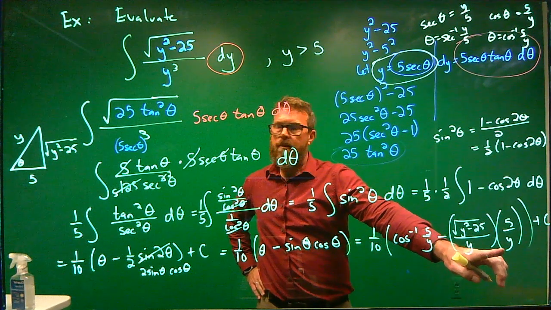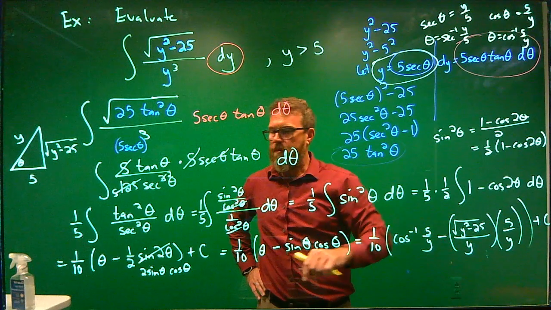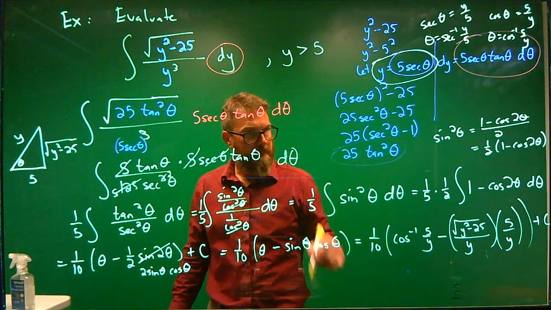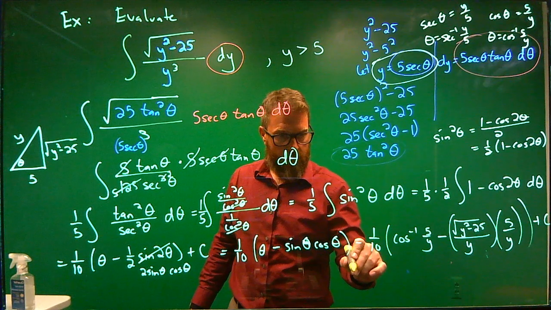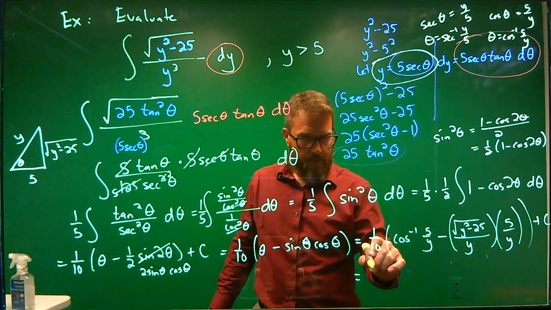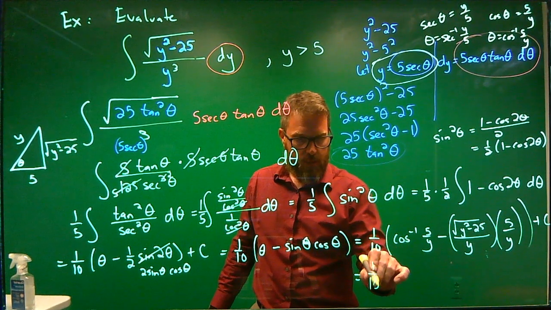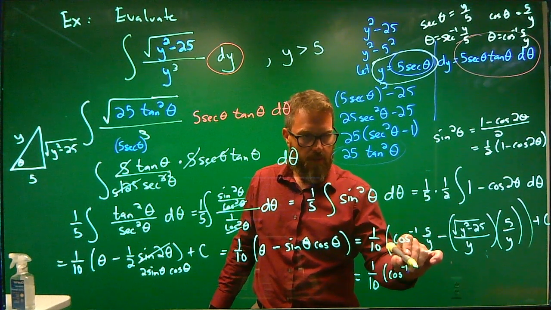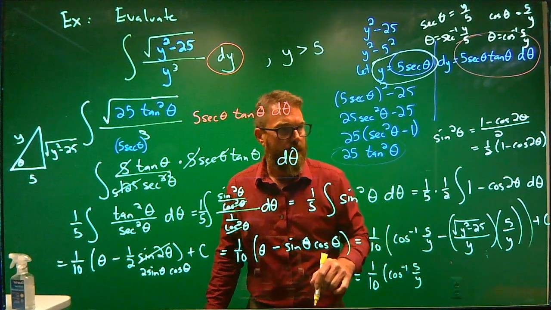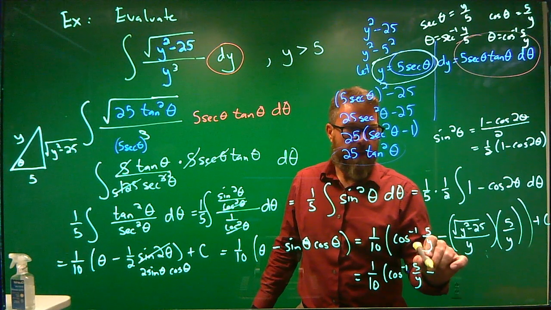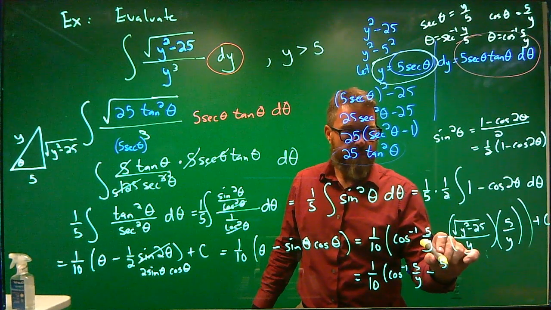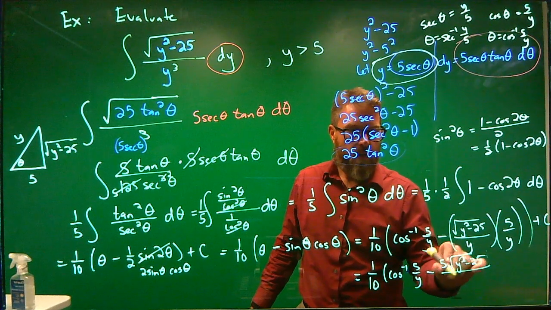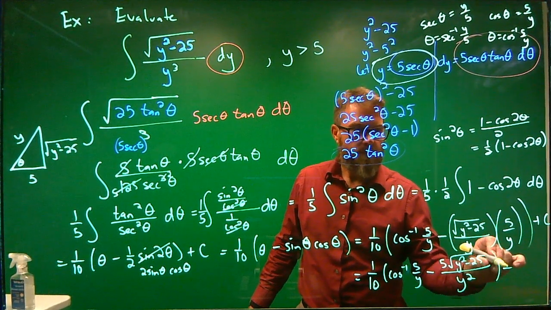Cosine 5 over y, I'm pretty pleased with this. So what we're going to finally get here is 1/10. I guess this was a fine enough answer right there, but we'll just write it together. 5 over y minus 5 root y squared minus 25 all over y squared plus c.